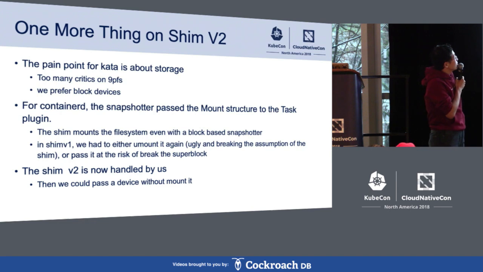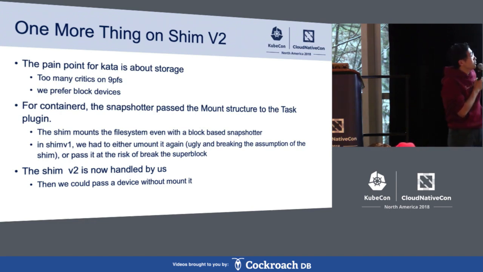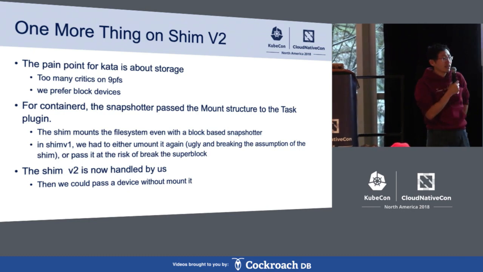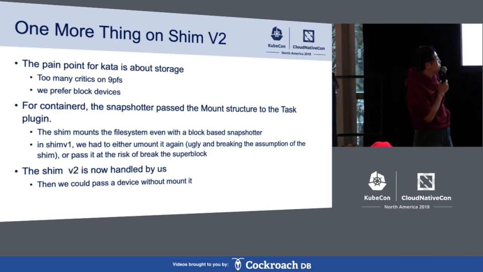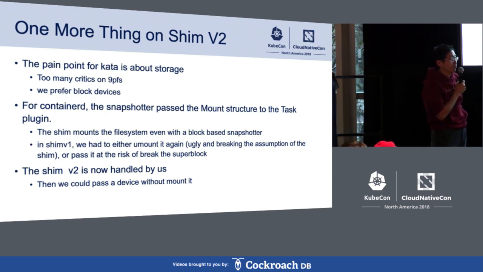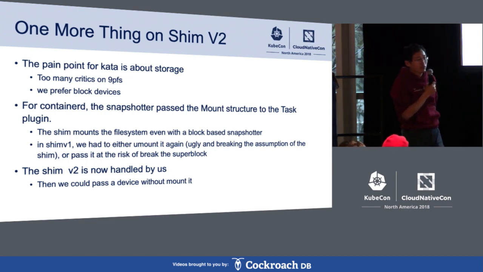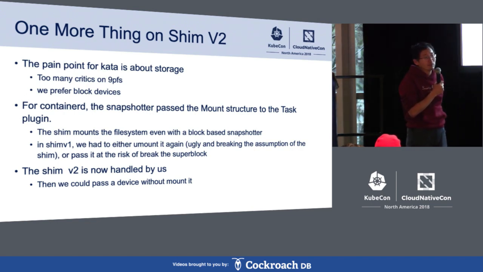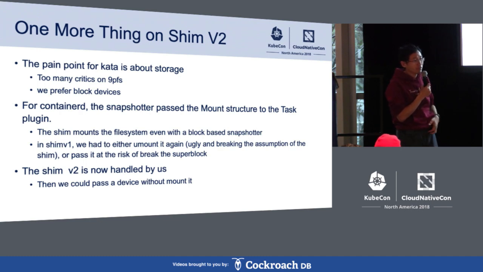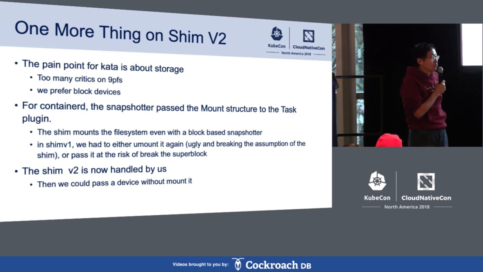So for Kubernetes, the snapshotter will pass the mount structure to the task plugin, actually the Linux task plugin, and the shim will mount the file system and then pass the file system to the runtime. And for the V1 case, we cannot do anything. We can only accept the file systems.